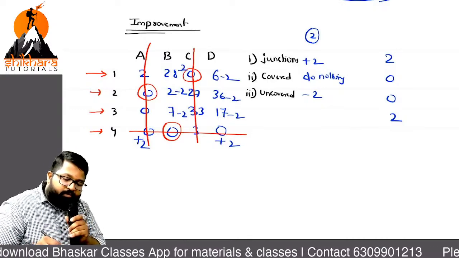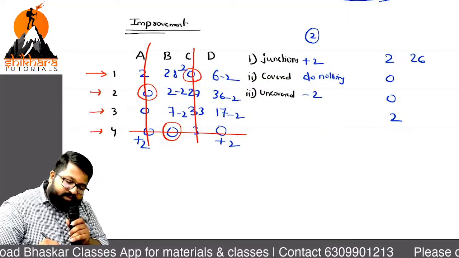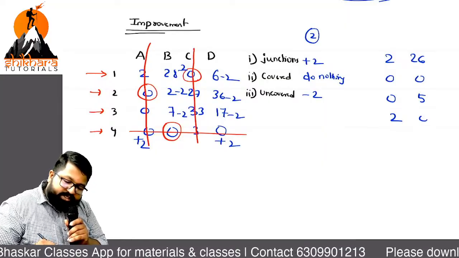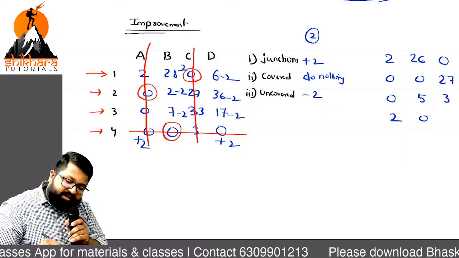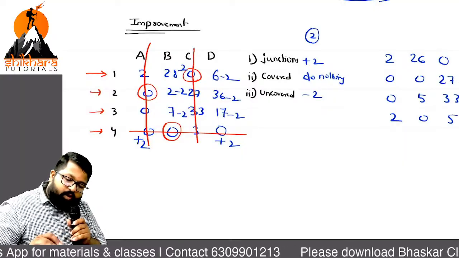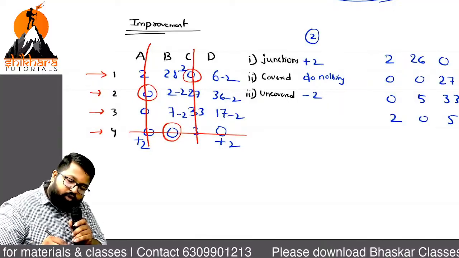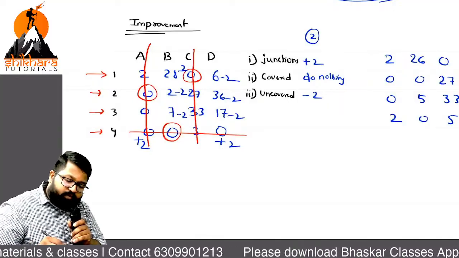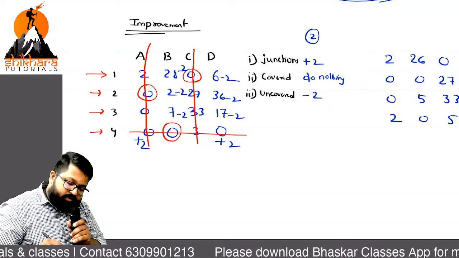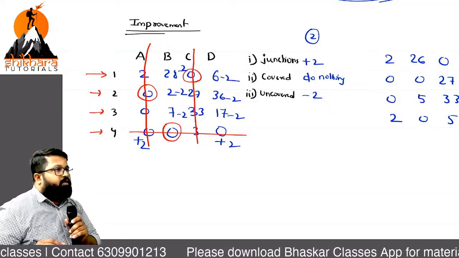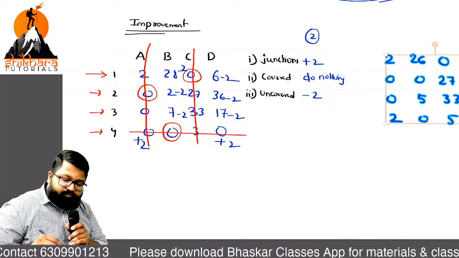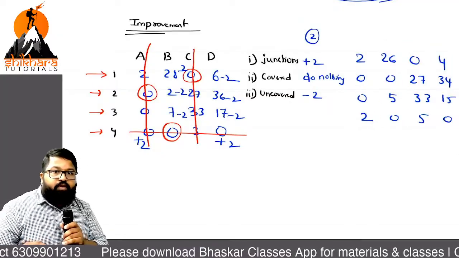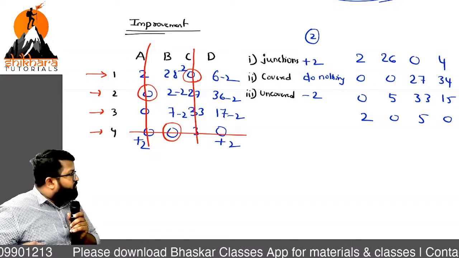Now what is the next column? 26, 0, 5, 0. And the next one? 0, 27, 33, 5. What about the last one? 4, 34, 15, 0. Exactly 0. So this is the resultant matrix we got.